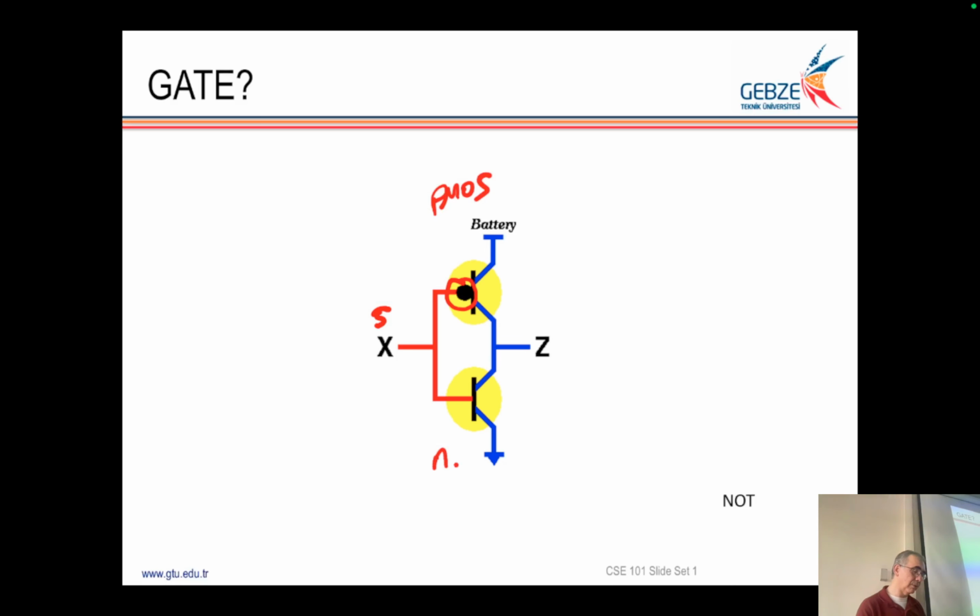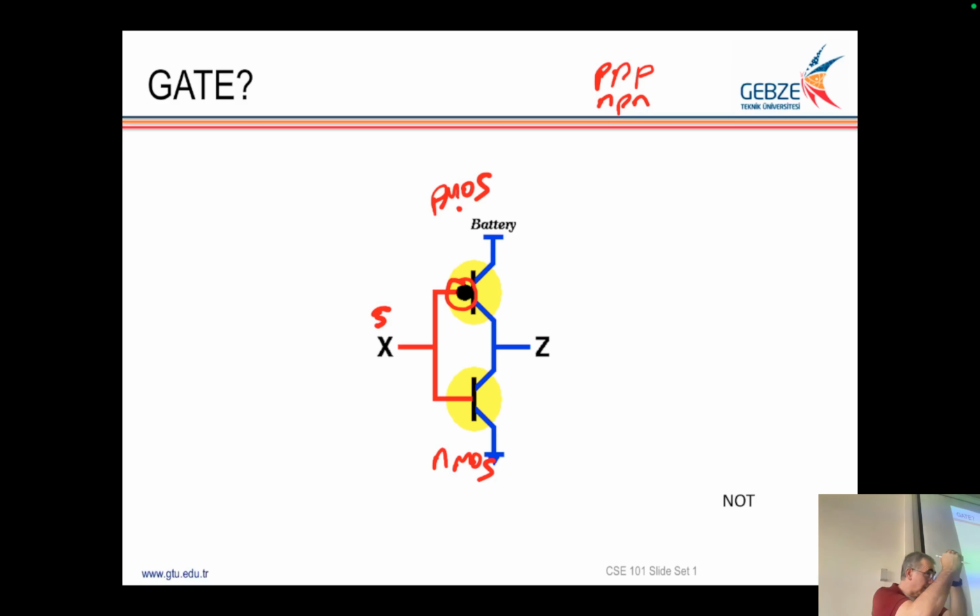This is NMOS. One PMOS and one NMOS means complementary CMOS. So the upper one is PNP, lower one is NPN. So upper one works if I pull, lower one works if I push. Okay?